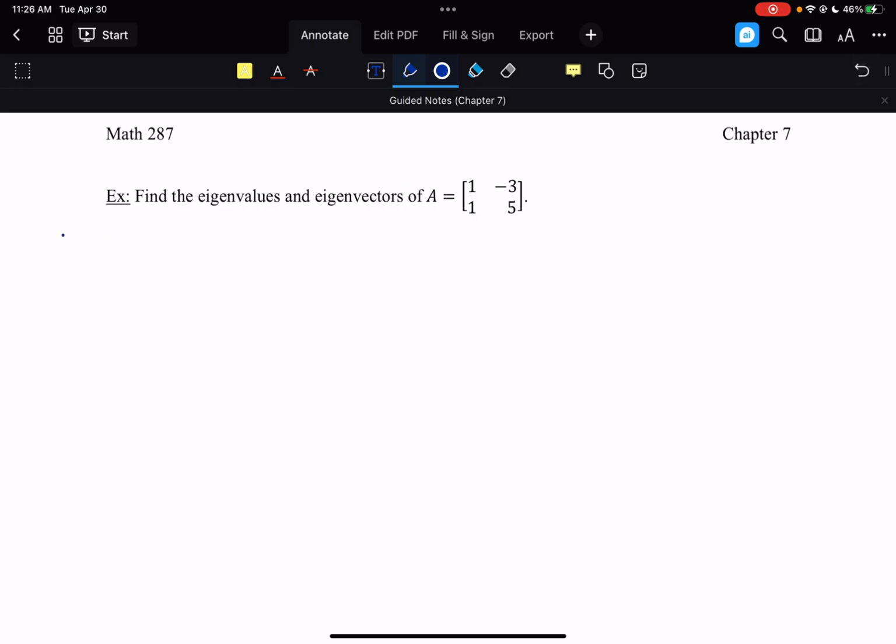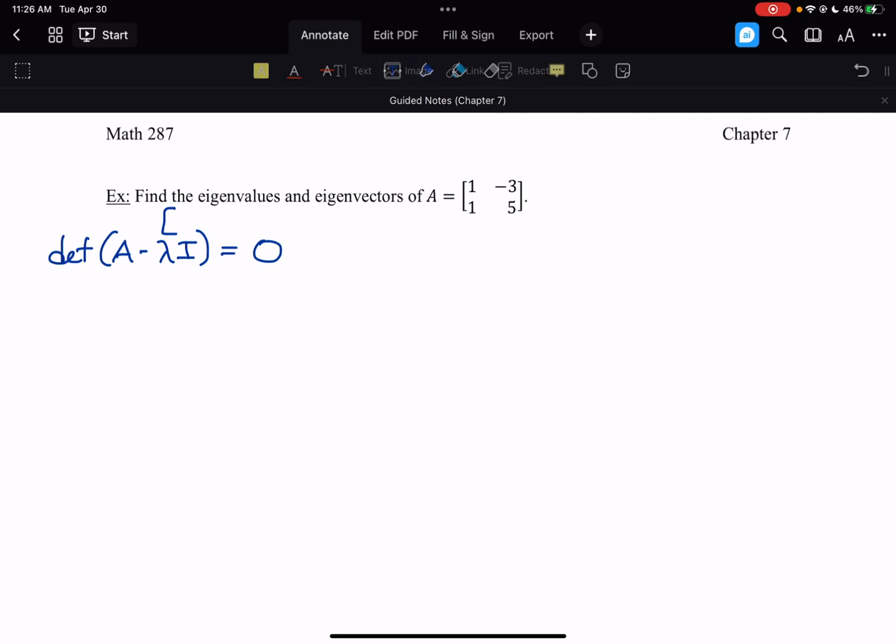So we're going to take the determinant of A minus lambda I and set that equal to 0. And again, lambda I, in this case, this is a 2 by 2, so the identity matrix is this. But when we multiply by lambda, the main diagonal picks up lambdas, and everything else remains 0.